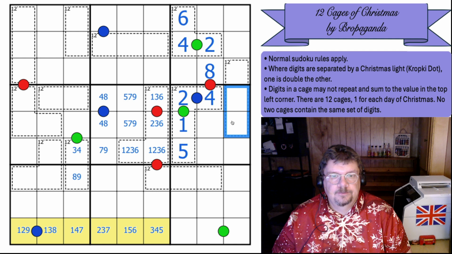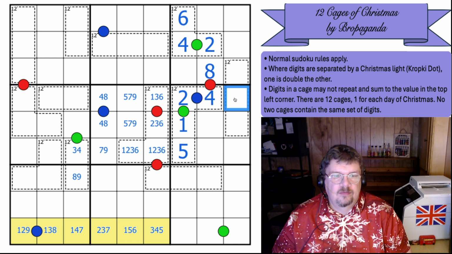So that gives us, looking at our aide-memoire, either 138 or 156. But that can't be 156 because with 6 here, that would mean I'd need to put 1 and 5 both into this cell, which I cannot do.